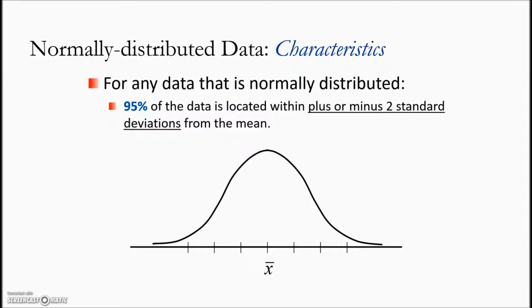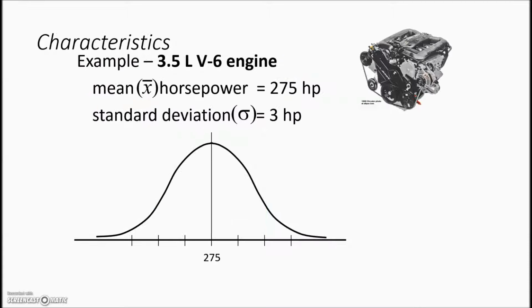If we go out 2 standard deviations above the mean and 2 standard deviations below the mean, this constitutes 95% of the data, almost all, but not quite, of the data. And here we go back to the engine with the mean of 275. We're going to add 3 plus 3, that's 2 standard deviations above the mean to get us to 281.